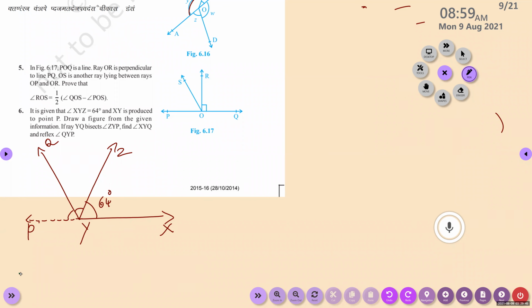Given that YQ bisects ZYP, so these two angles are equal. So you can write angle PYQ equals angle ZYQ.